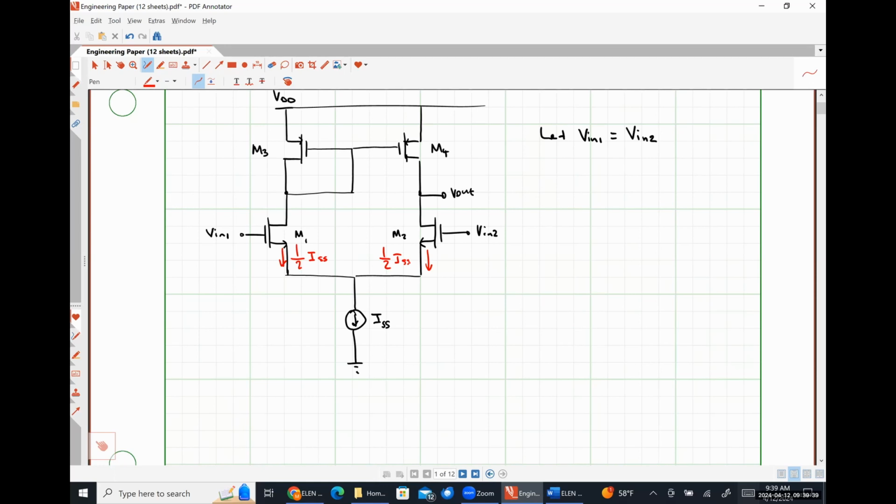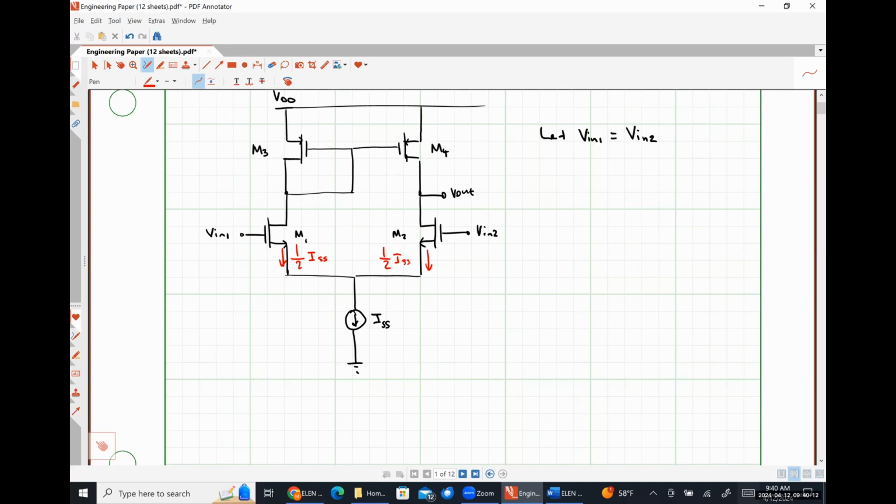Because the gate source voltages for transistor M1 and M2 would be identical. If their gate source voltages are identical and we're not worrying about channel length modulation effects or anything like that too much, we should see that M1 pulls half of the tail current and M2 pulls half of the tail current.